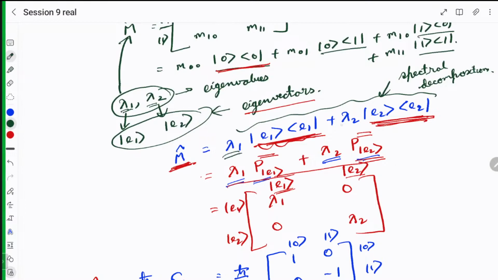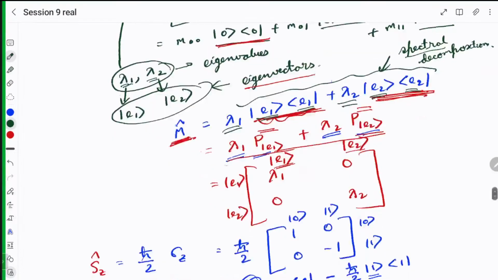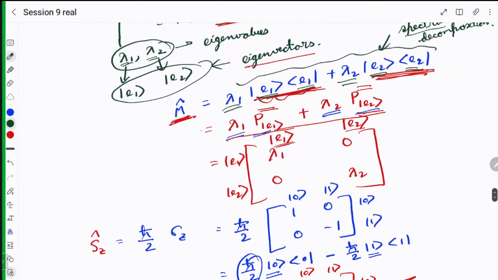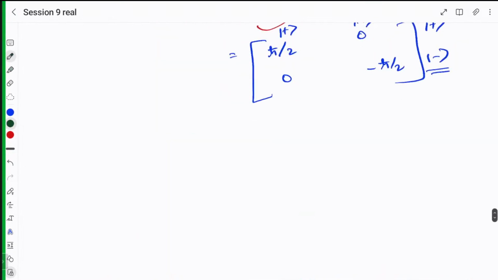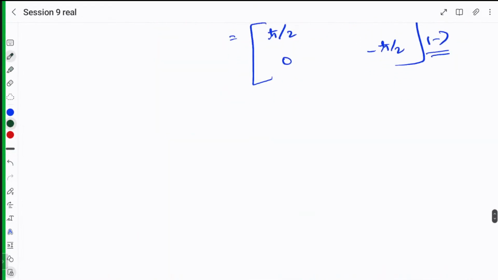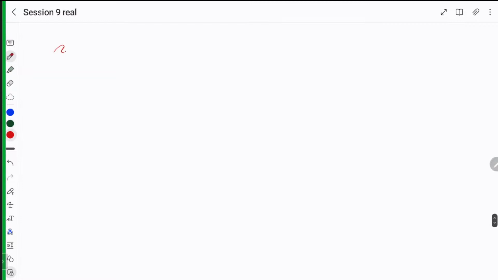So you have lambda 1, lambda 2 here, and the outer product of the eigenvectors here. Why is it called spectral decomposition? Because the eigenvalues and eigenvectors are referred to as the spectral properties of a matrix or a linear operator in general.